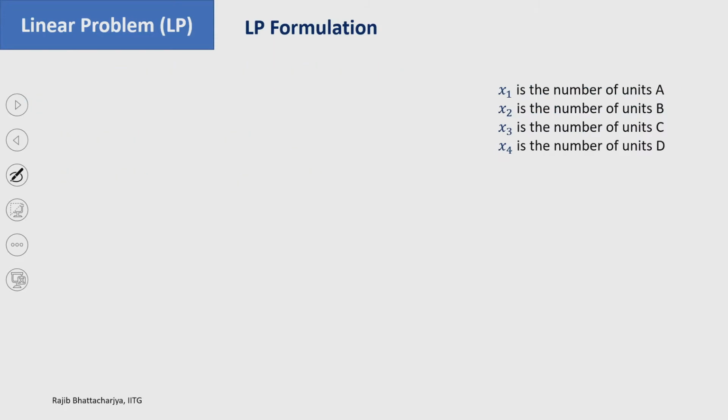Now, let us take the variables. x1 is the number of units of A. I would like to produce x1 units of A, then x2 is the number of units of B, x3 is C and x4 is the number of units of D.